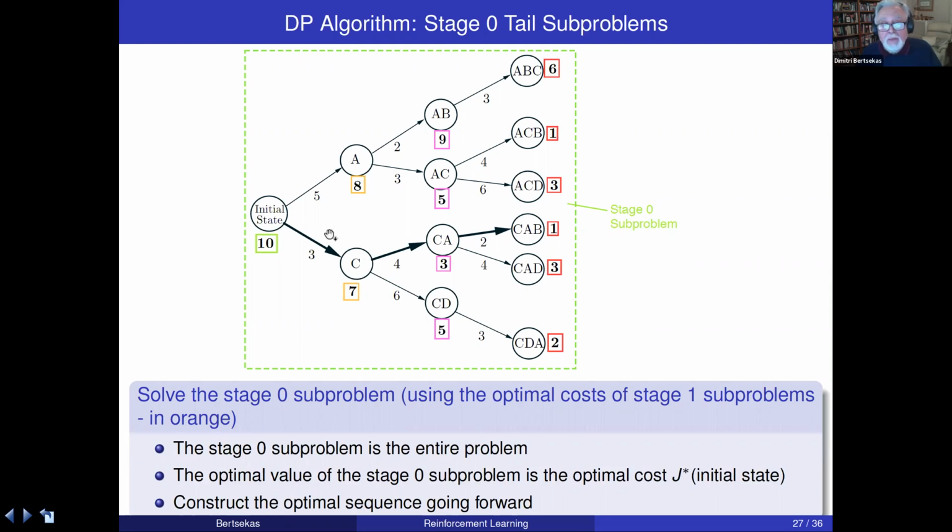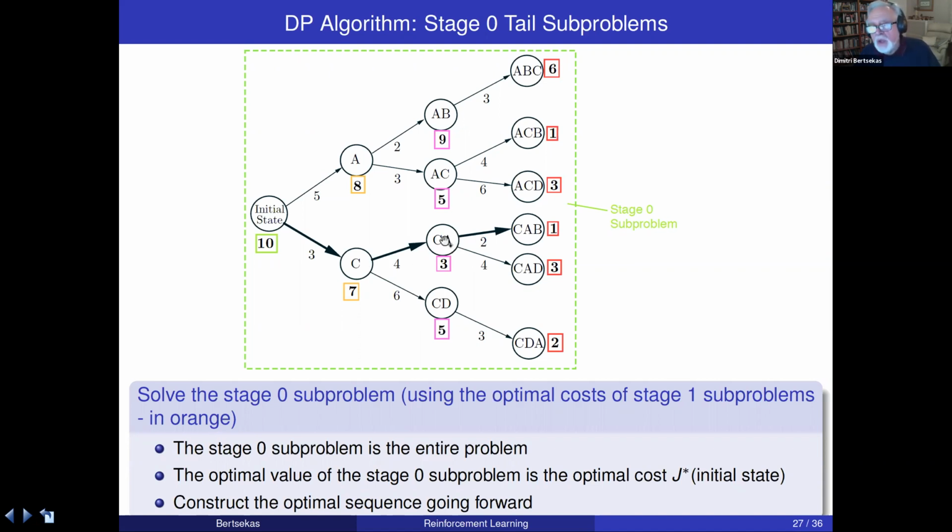Given these orange numbers, I can do a simple calculation and figure out that this is the first decision, schedule operation C. And now at this state, I can look at these numbers, the purple numbers, and choose the best operation, which is operation A. That moves me to here.